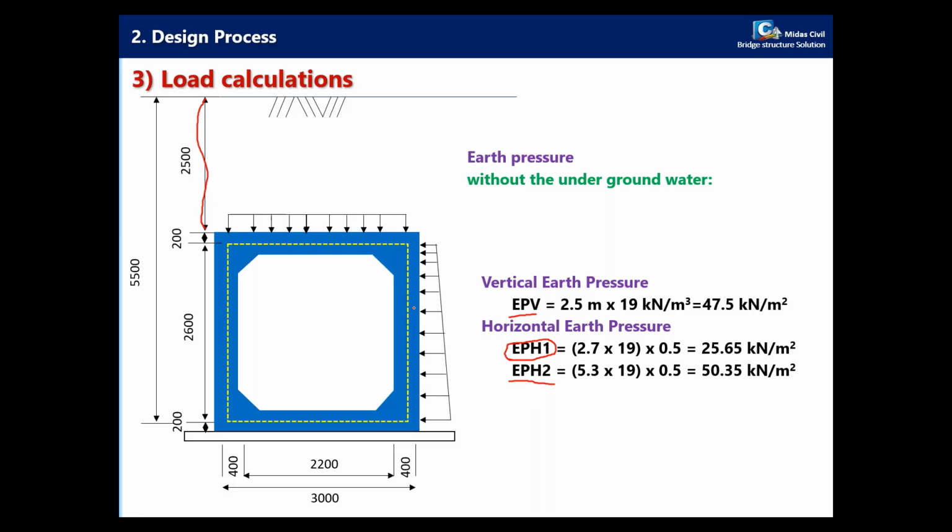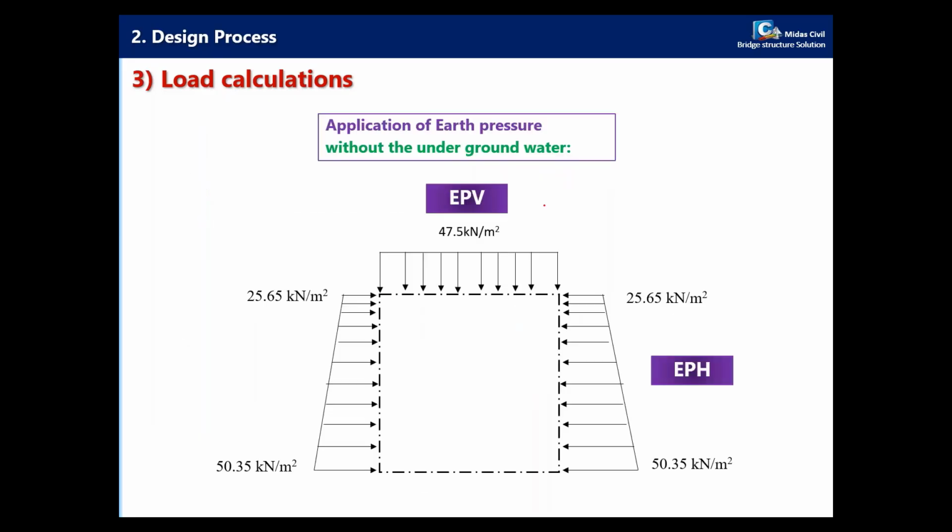I'm going to go a little bit faster so we can start using the software, because I know a lot of people are waiting for the demonstration. I just showed the result I got when I calculated the vertical earth pressure and the horizontal earth pressure. And this is the case where we consider the underground water.